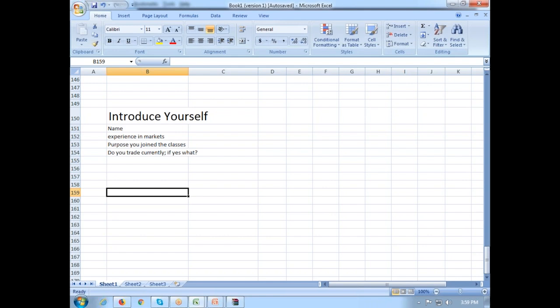So I see there are few traders and there are few newcomers also. So it's a mix of those. So for those who are experienced, those who have traded, please ask the queries in the group so that it helps the newcomers a lot.